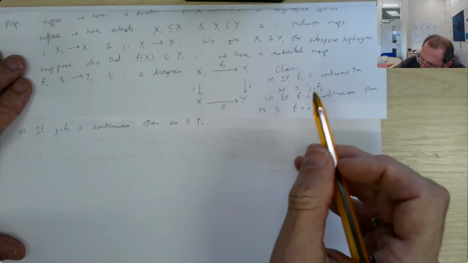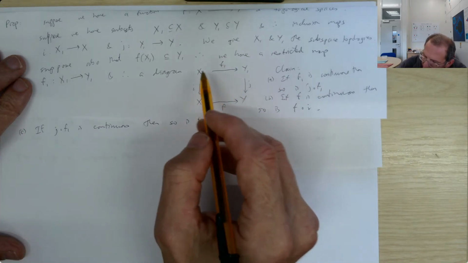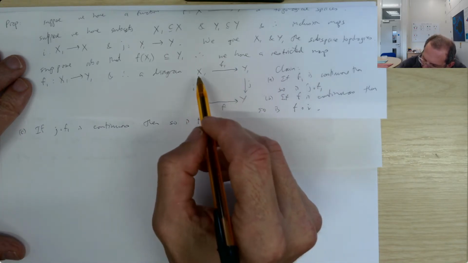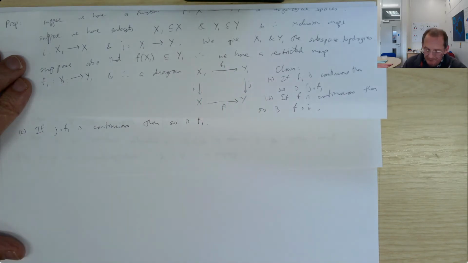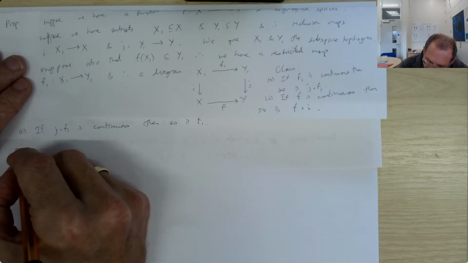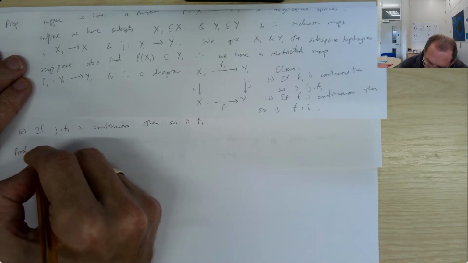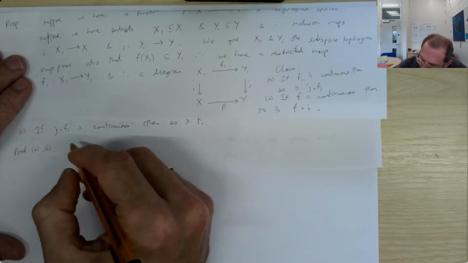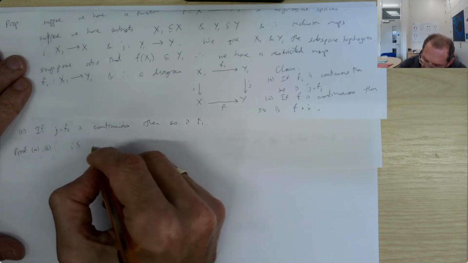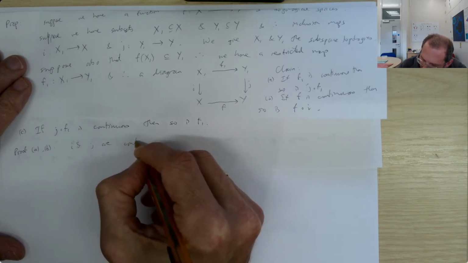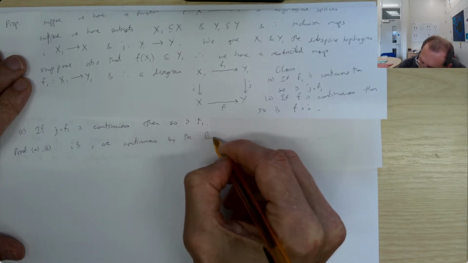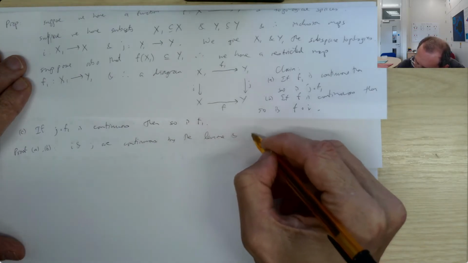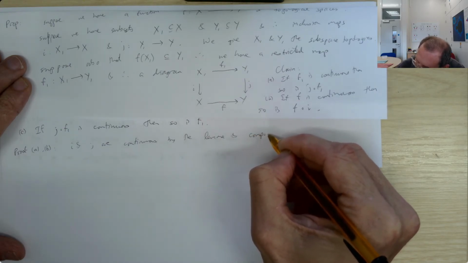Those are both pretty clear, but slightly less obvious is that if this composite here is continuous, then we can go backwards and get f1 continuous. For A and B, we know that i and j are continuous by the lemma, and composites of continuous functions are continuous.